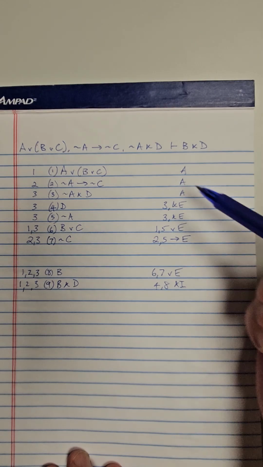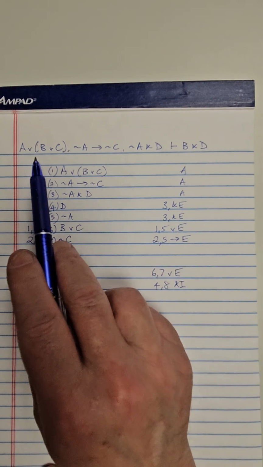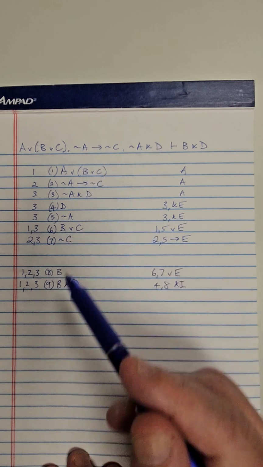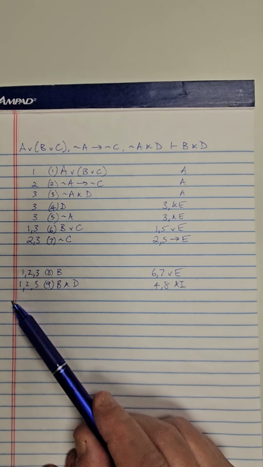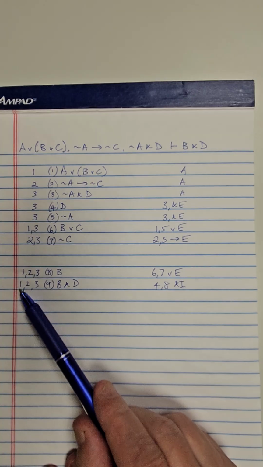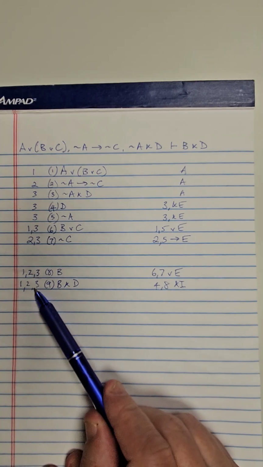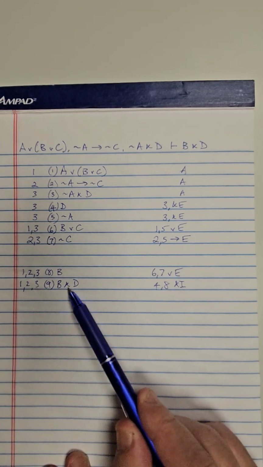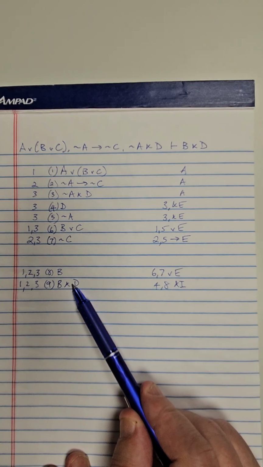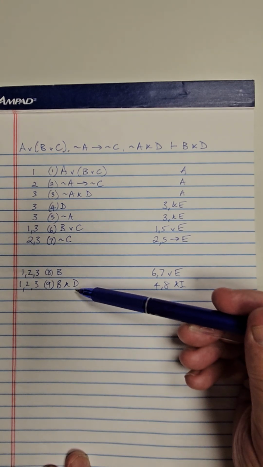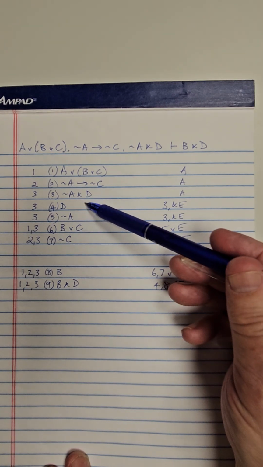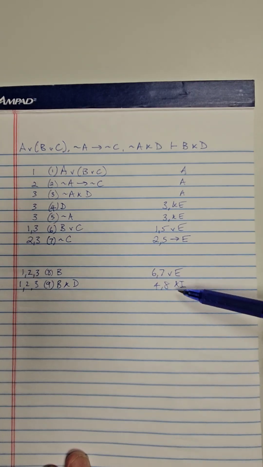And so we've proved both B and D on assumptions 1, 2, and 3, and that's what the last line of the proof says. The last line says, if the sentence on 1 and the sentence on 2 and the sentence on 3 are true, this sentence must be true. If you question that, well, you can trace the reasoning back. Where did this sentence come from? It came from line 4 and line 8 by ampersand introduction, a truth-preserving rule.